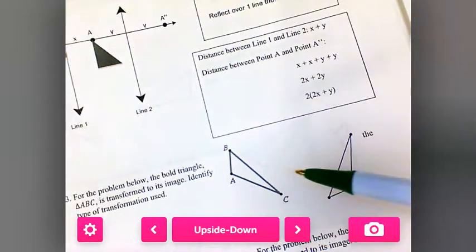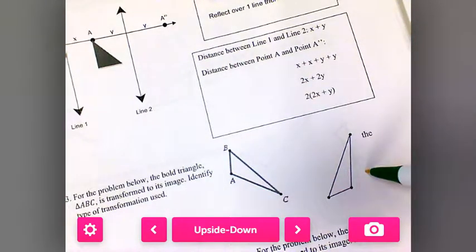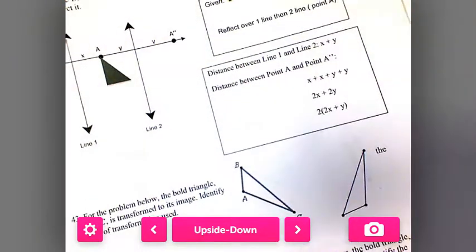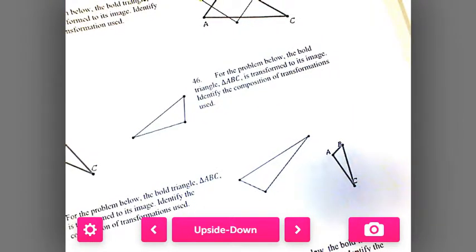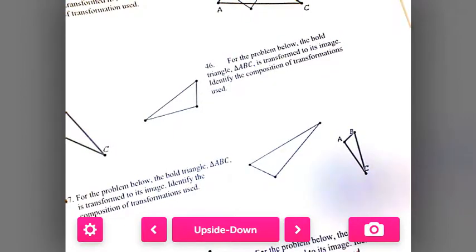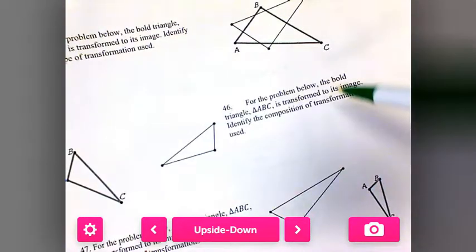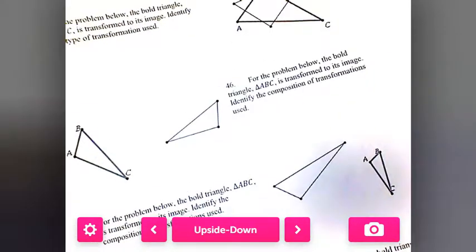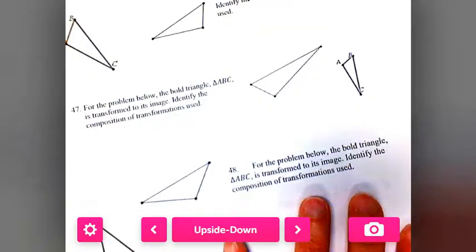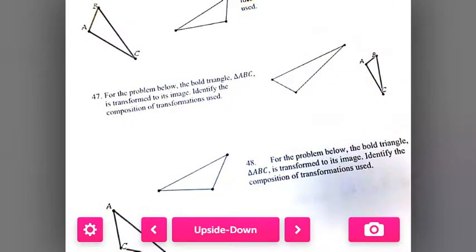How did I get from ABC to this? 44, the same thing. Same thing for 45, 46, 47, and 48 are all 2 things. But remember, it's not asking you where the center is in order to rotate it or how much the dilation is. It's just asking what happened.